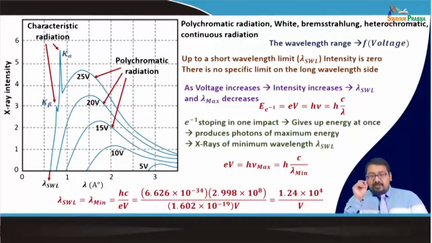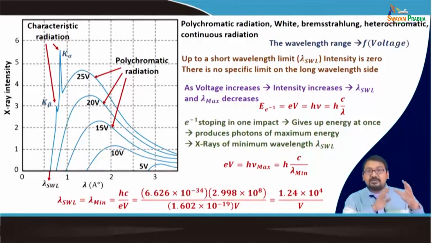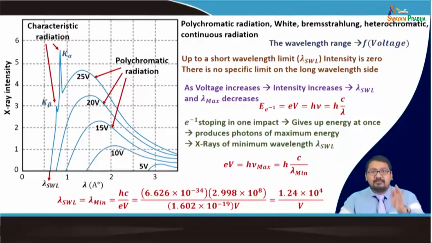So what is lambda SWL? Whenever the electron strikes and decelerates inside the target anode, it produces this continuous spectrum. The maximum energy can be produced if the deceleration is maximum, and the deceleration is maximum only when the electron is stopped in only one impact.